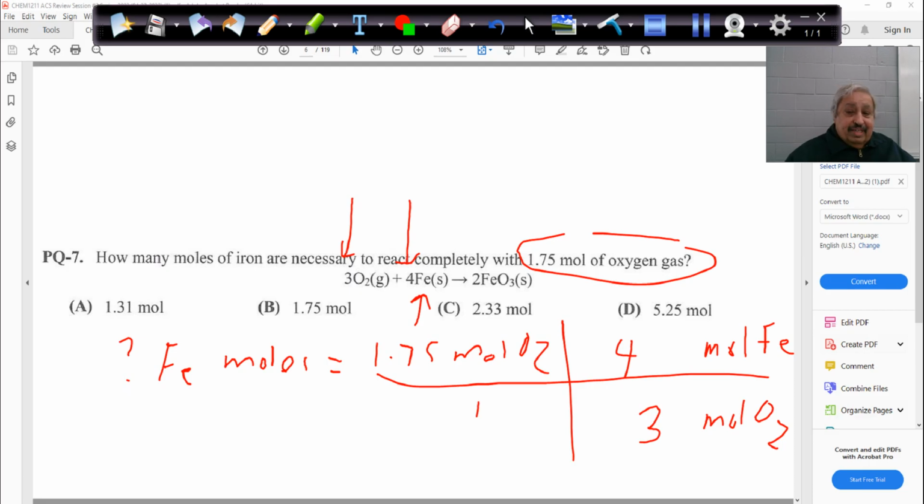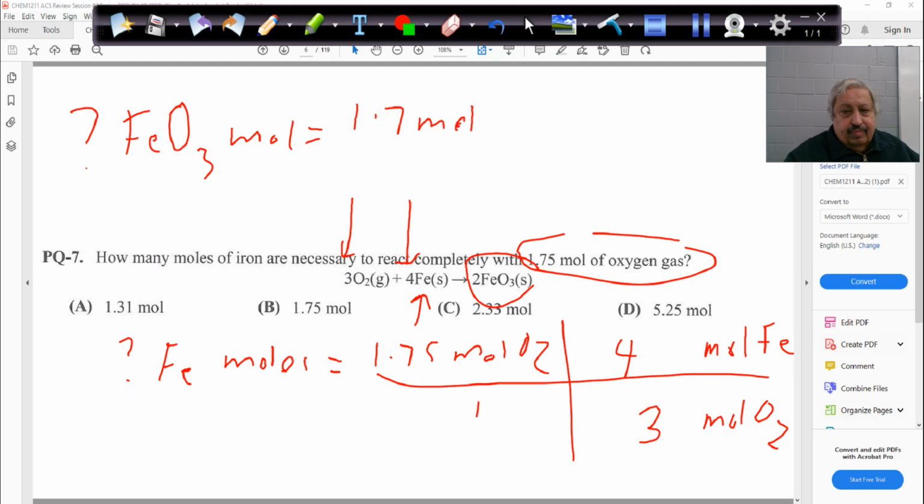Now, can I do it for our product? Yes, I can. So how much is iron oxide, Fe2O3, iron(III) oxide? How many moles is this? Well, you start with whatever is given to you, moles of oxygen, then just the mole ratio will be different.